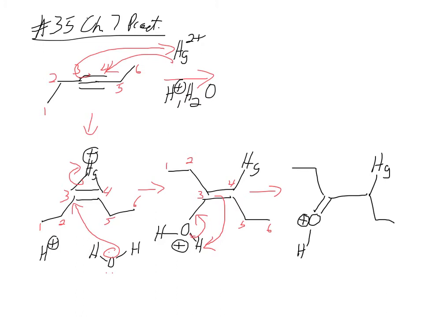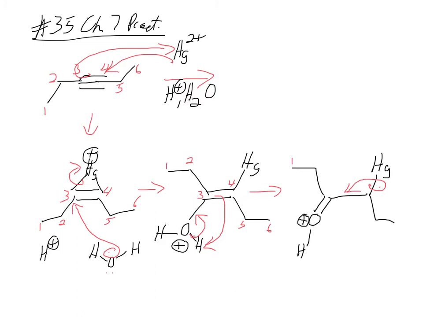So now at this point, oxygen has a plus charge. Oxygen doesn't want a plus charge. We want to keep trying to give electrons to oxygen. So the mercury-carbon bond: the carbon actually has the electron density, so the mercury is just going to leave.